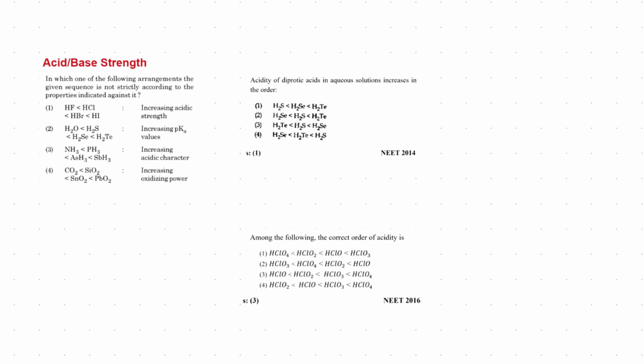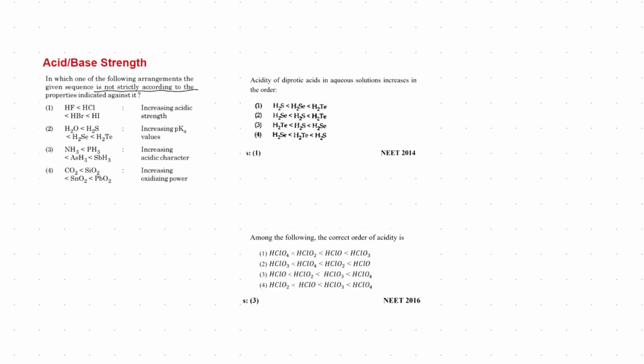Look at the first question. In which of the following arrangements the given sequence is not strictly according to the properties indicated against it? Read the question carefully. What properties are given? Acid strength, pKa values, acidic character, oxidizing power.